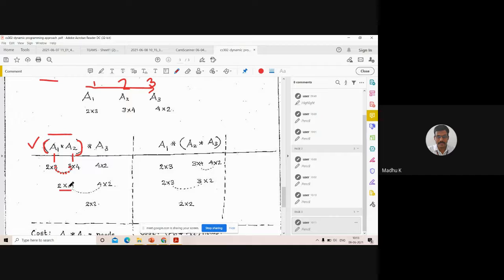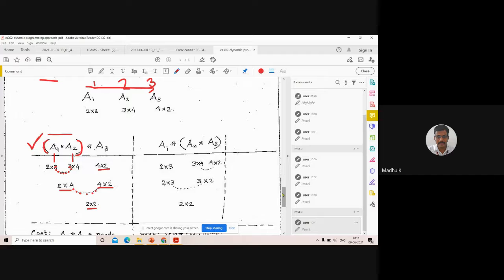Then this 2 by 4 matrix is multiplied with a3. What is the order of a3? a3 is 4 by 2. These two are equal, so I can multiply, then I will get a matrix 2 by 2. So this sequence of multiplication is possible.